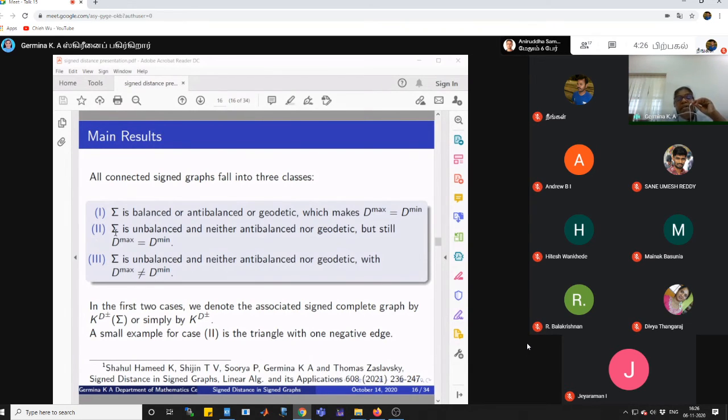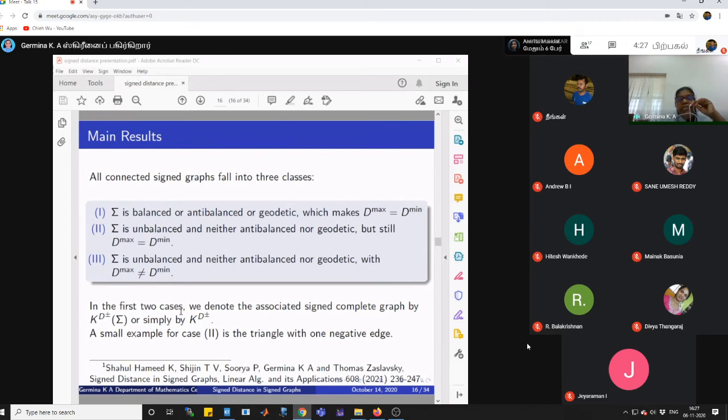The second class is where sigma is unbalanced and neither anti-balanced nor geodetic, but still D max equals D min. The third class is where sigma is unbalanced and neither anti-balanced nor geodetic, with D max not equal to D min.